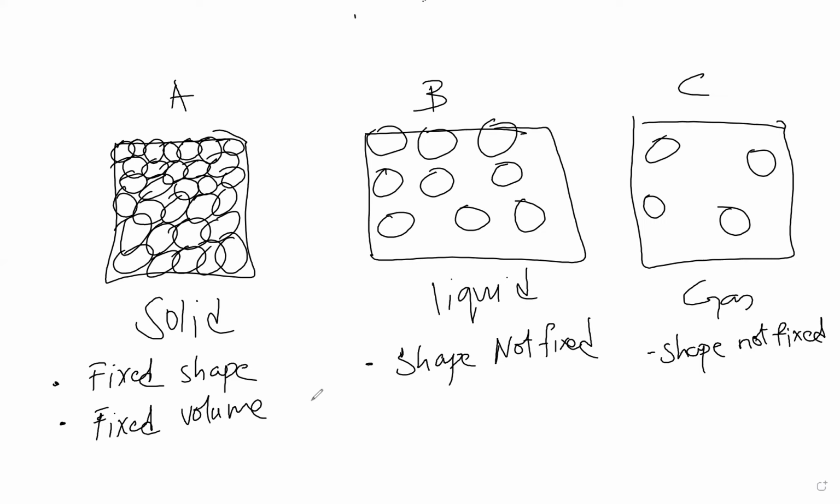Actually not, right? Although we change the source, first it was in one glass and now it's another glass, and the glasses are different, the amount of water is still the same, right? So fixed volume. And for gases, there's no fixed volume.